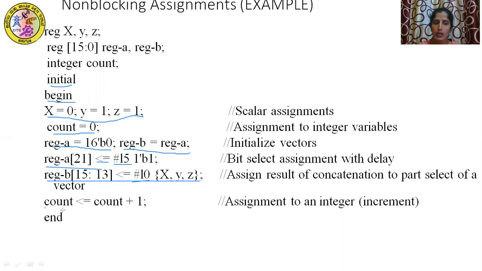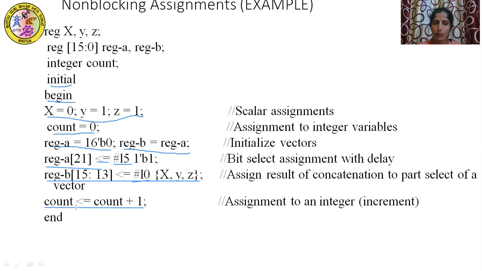And what about this last statement, count is equal to count plus 1? This statement will be executed at the 0th instant of time itself, since we have used a non-blocking assignment operator.